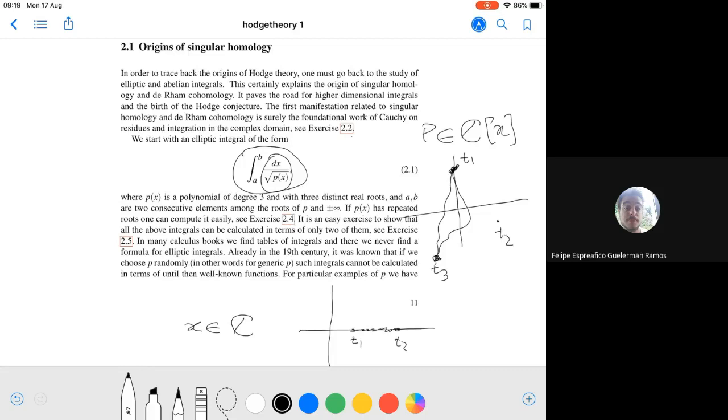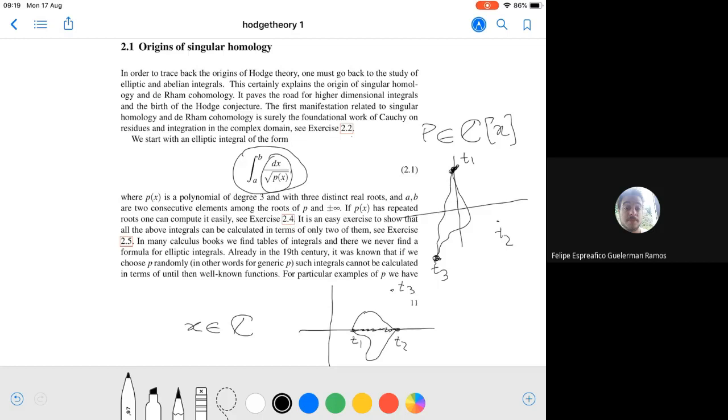In complex analysis, by Cauchy's theorem, one learns that this integration doesn't depend on the path of integration as far as you don't cross the other root. This means that at T1, T2, T3 our square root is multi-valued.